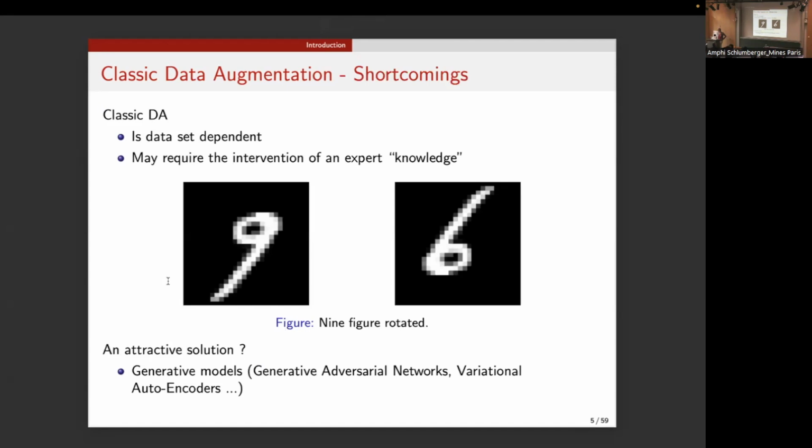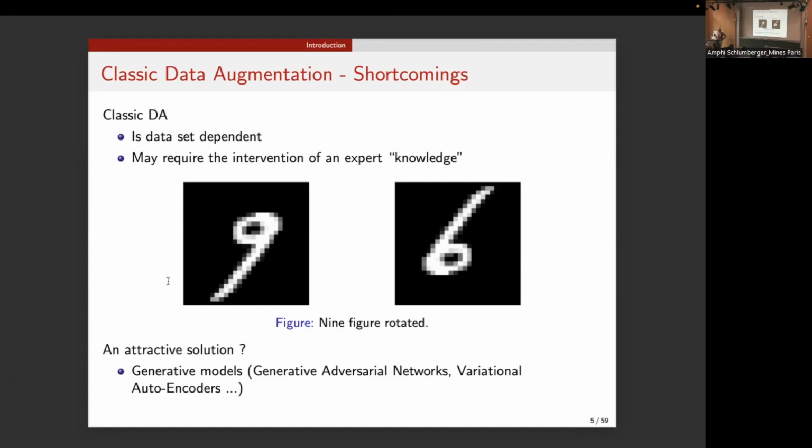And even with images, rotating is okay only up to a certain angle, because if you rotate a 9, at some point you will end up with a 6. So you will train your classifier with something that is not relevant. And for images of anatomy, you never know what is the good deformation that keeps an image in the same category.